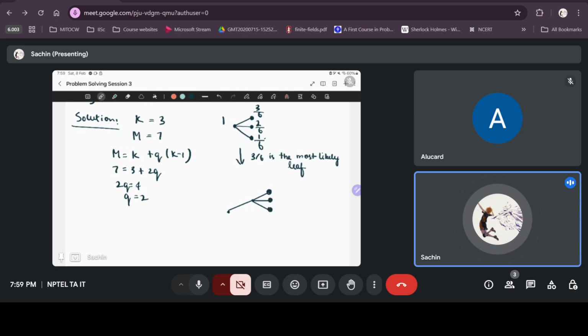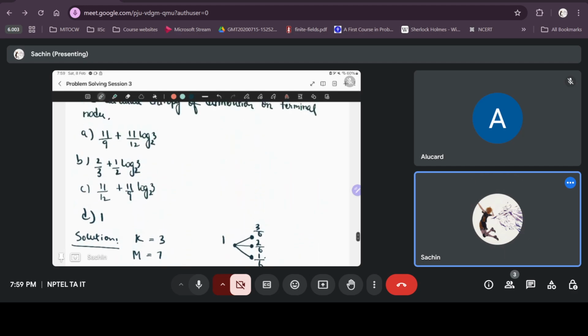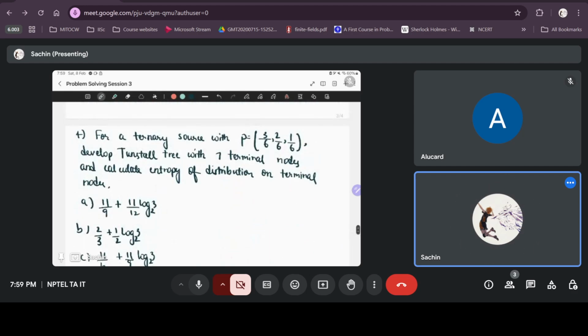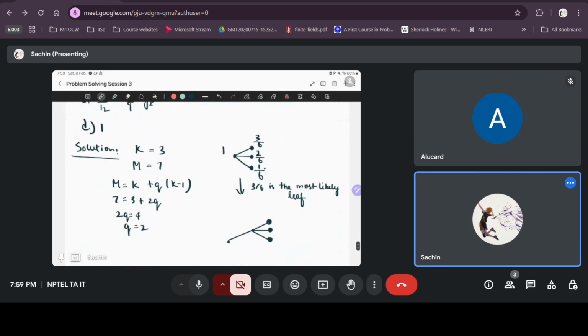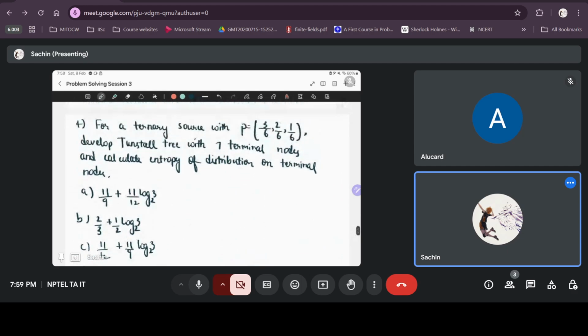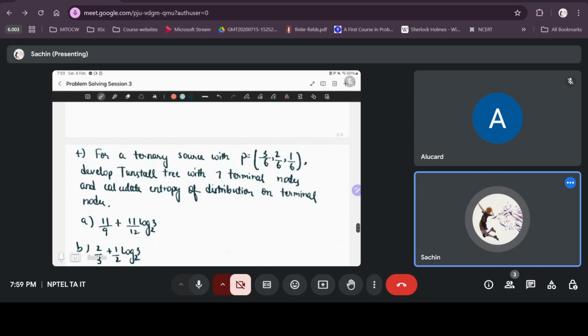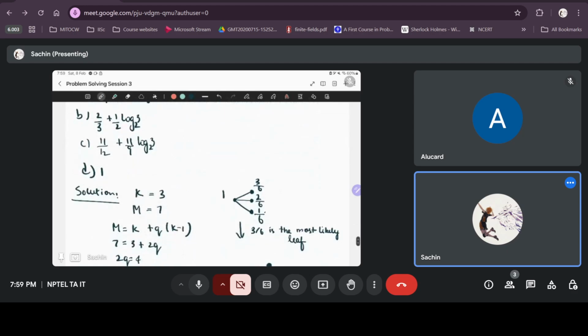Now the probability of these new leaves is the probability of the leaf you extended times the probability of each of the source messages. To make the explanation clearer, suppose you have 3 alphabets A, B, C, and that is your source.